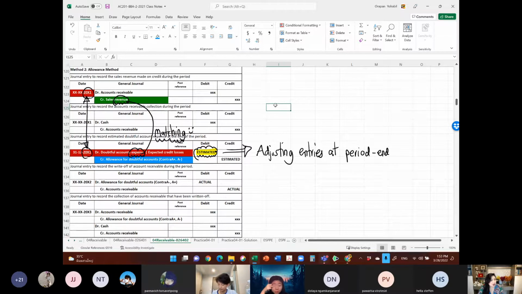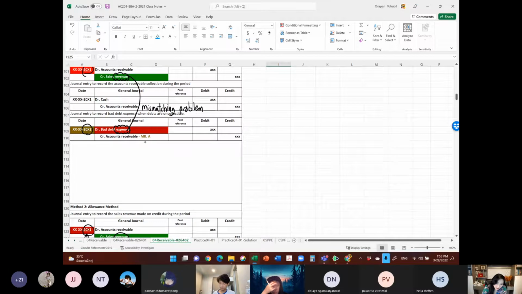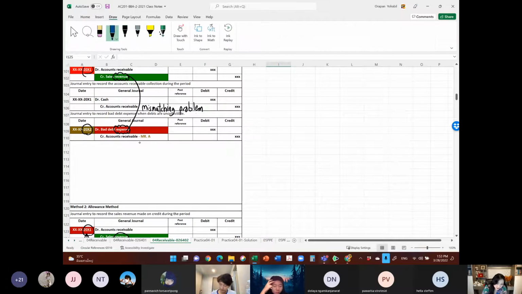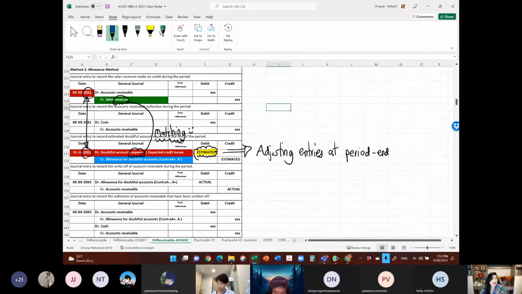So that's the reason why we cannot have direct write-off here. Unlike this case, you write off the amount of the receivable from Mr. A because you know exactly that it's Mr. A that has gone bankrupt. But for here, since you recorded with the estimated amount, it's just the estimation.